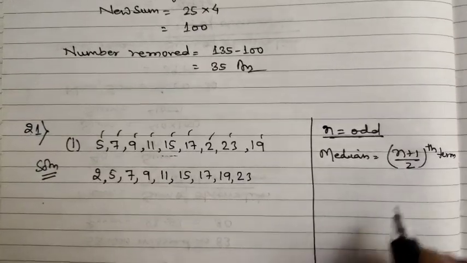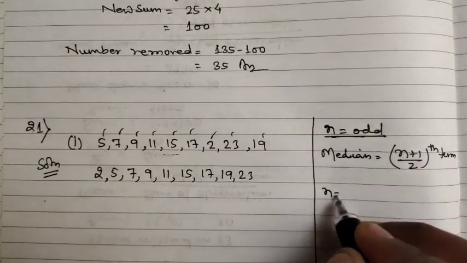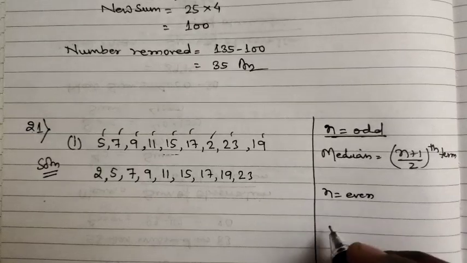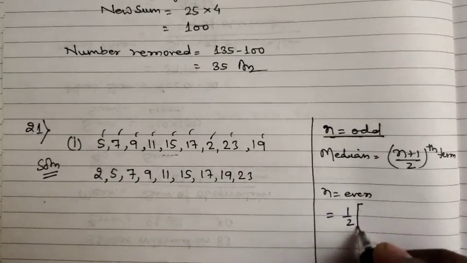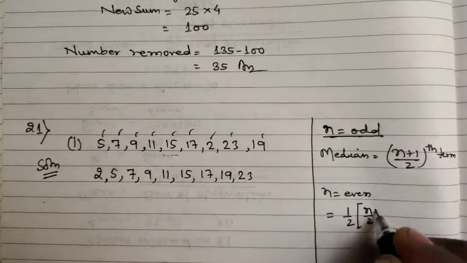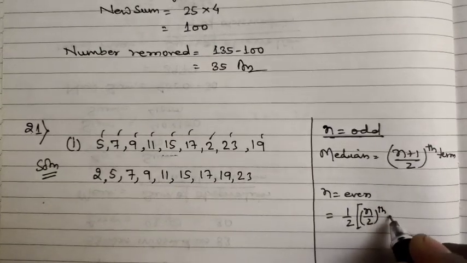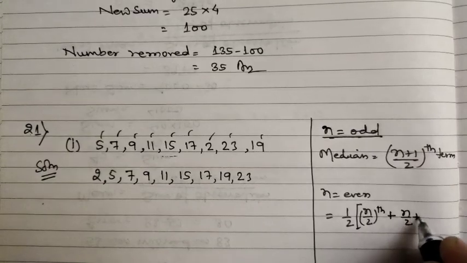We will use the value of that term. And if the number is even, the formula becomes median is equal to half into the n by 2th term plus the n by 2 plus 1th term.